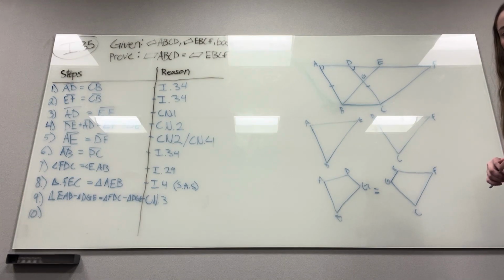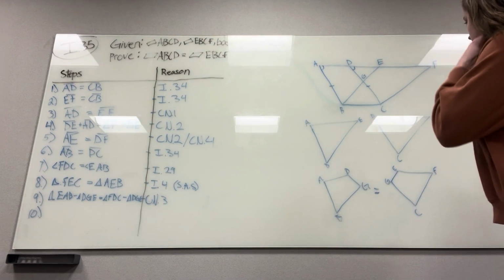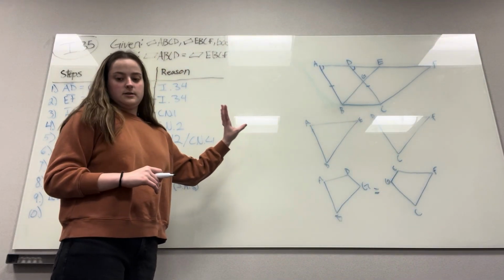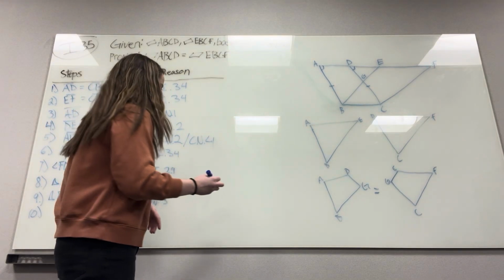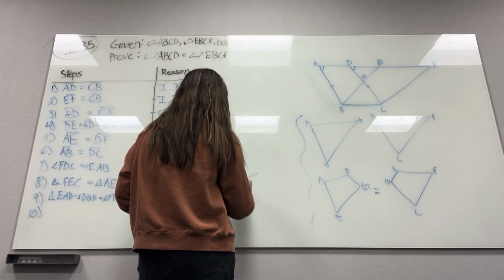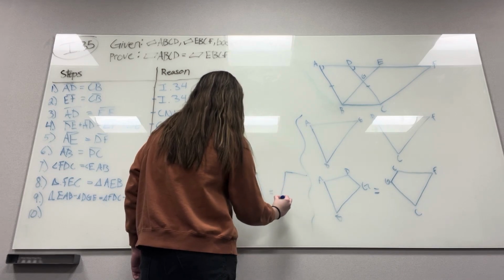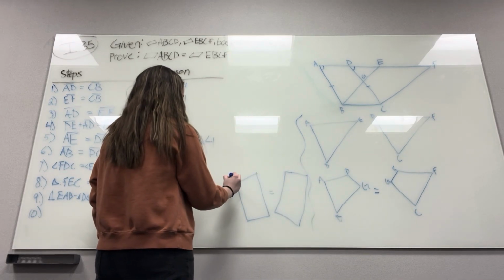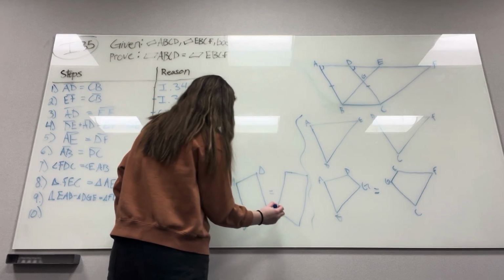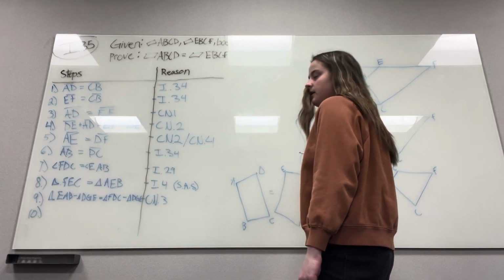And so we can also pull out one more shape. We're going to have AD and BC, and then we're also going to have our line G. And so AD, BC is equal to EF, BC.